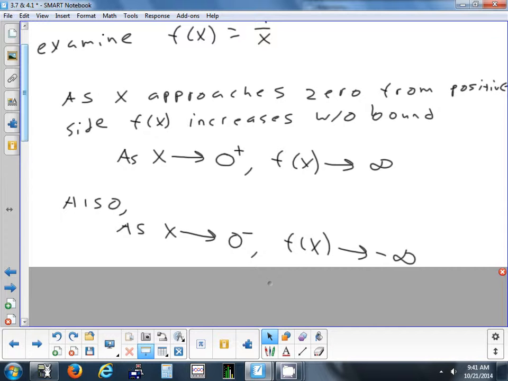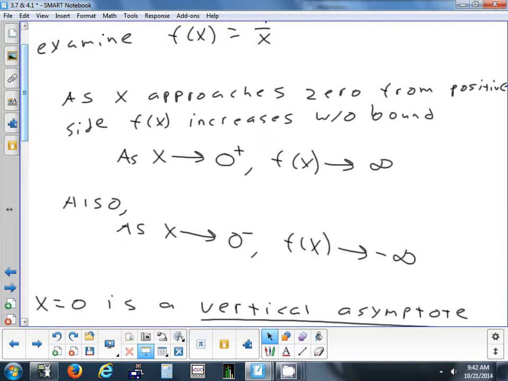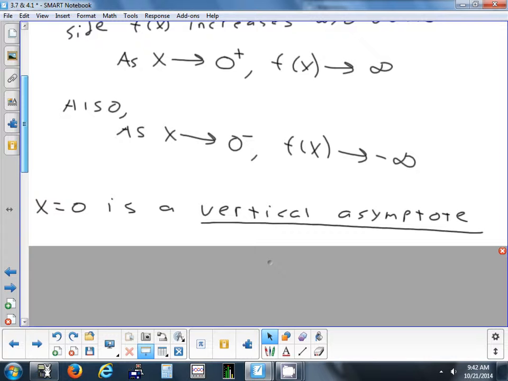When you get this behavior as you approach a specific number, not as you approach infinity, but as you approach a value, all of a sudden your y values start to go up to infinity or negative infinity. That's when you have what's called a vertical asymptote. So as x approaches a specific number, your y value takes off to infinity or negative infinity.